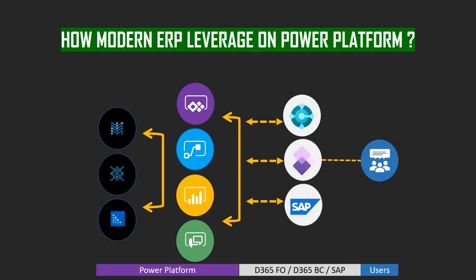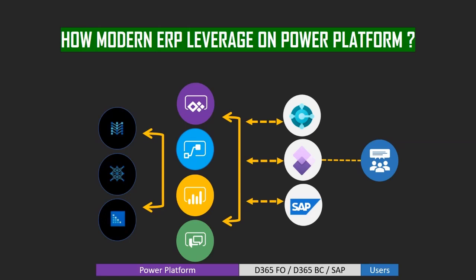Power Apps is where you can develop applications very fast, and you don't need to be a developer to build them. Even if you're a citizen developer, you can start building applications. That's the beauty of it. So if you are working with ERPs like Business Central, Finance and Operations, or SAP, and you want to build applications quickly, that's where you go to Power Apps. That's why you need to use Power Apps.